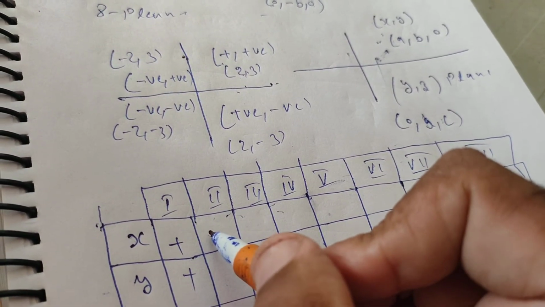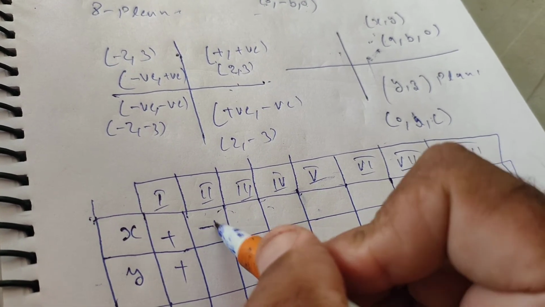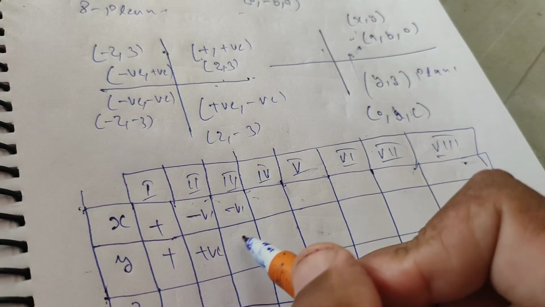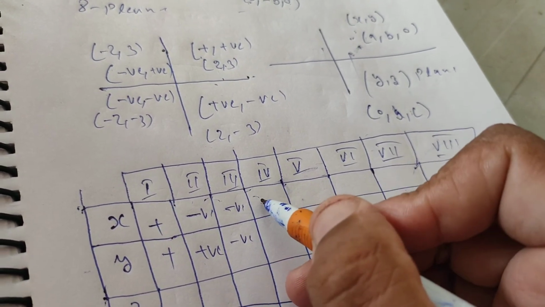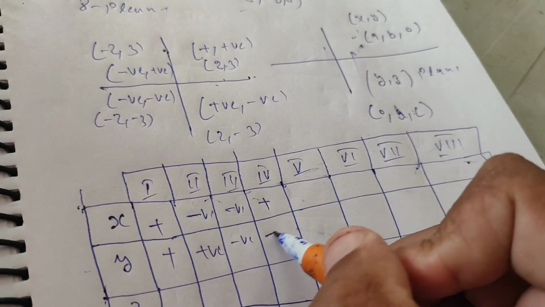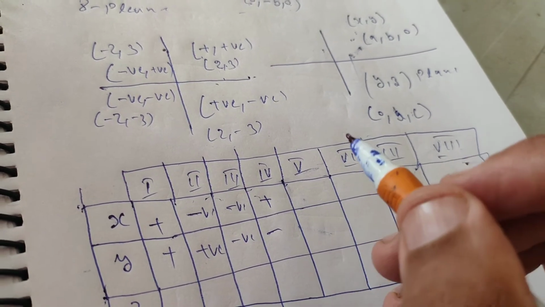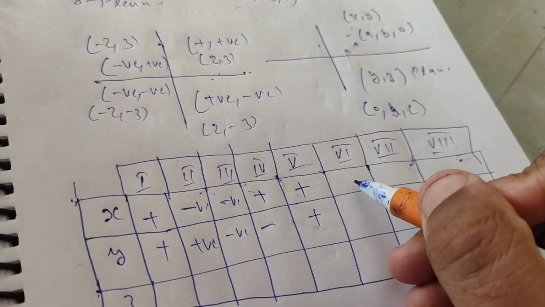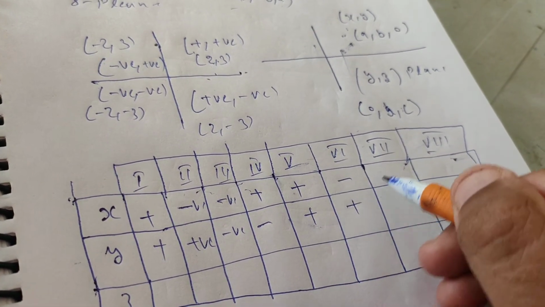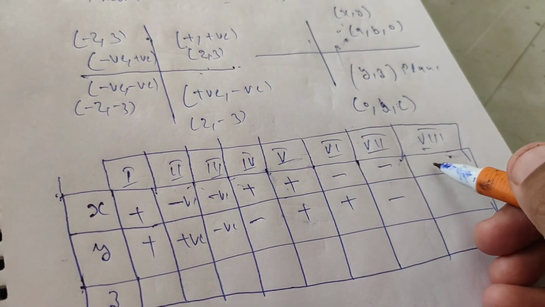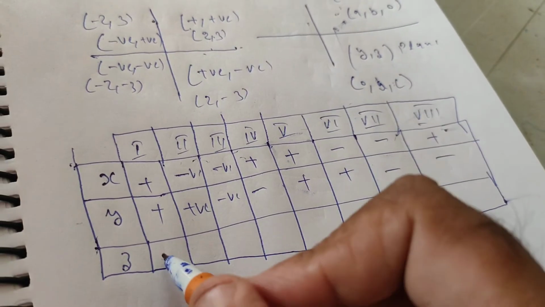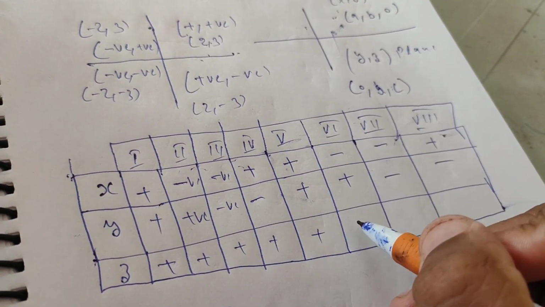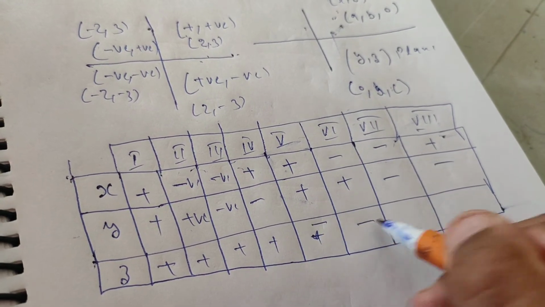In the second, x axis is negative and y axis is positive. In the third, both are negative. In the fourth, x axis is positive, y axis is negative. Same repeat for the fifth to eighth: positive positive, negative positive, negative negative, and positive negative. For the z axis, the first four are positive and the next four are negative.